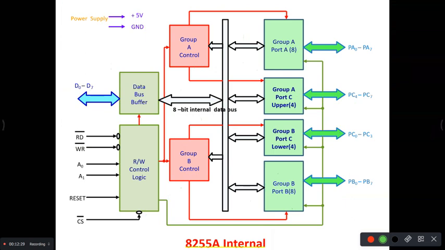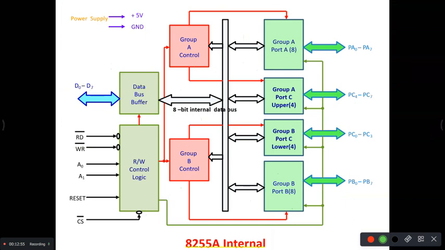Okay. Now suppose, assume that you don't want to send 8-bit data. You want to send only 4-bit data. Right. In such cases, your port C is divided into two ports. One is upper port C and the other is lower port C. Okay. Try to remember this. Of the three ports, port A is completely one 8-bit port.